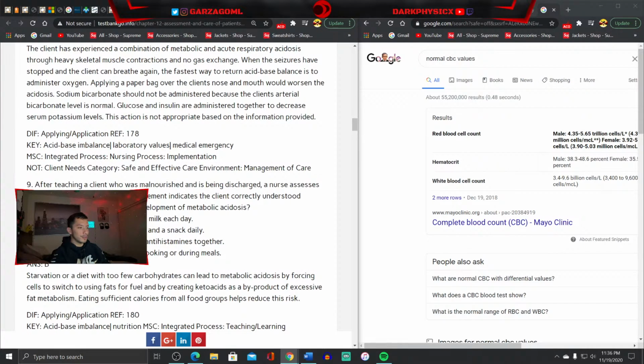Starvation or a diet with too few carbohydrates can lead to metabolic acidosis by forcing cells to switch to using fats. Insufficient calories from... Man, this was kind of tough. I just felt like that was too vague. I feel like it should have had more information in it. And then... Oh! See, I didn't read correctly.